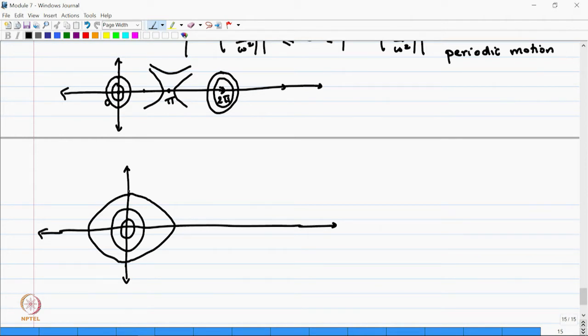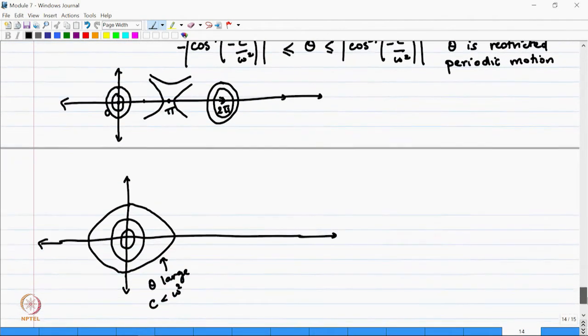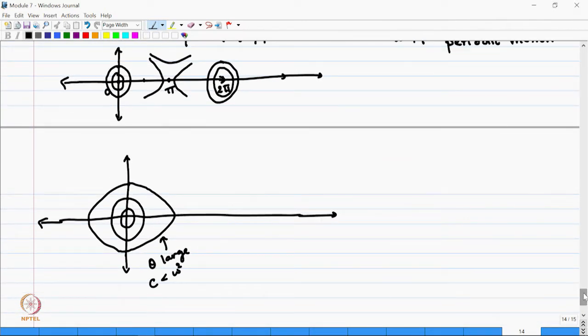Now this is theta large, but c is less than omega square. So c is less than omega square, so theta is still restricted. And theta is large, so I am showing it as not exactly an ellipse. It is elliptical when it is small. So it is periodic, but not ellipse.